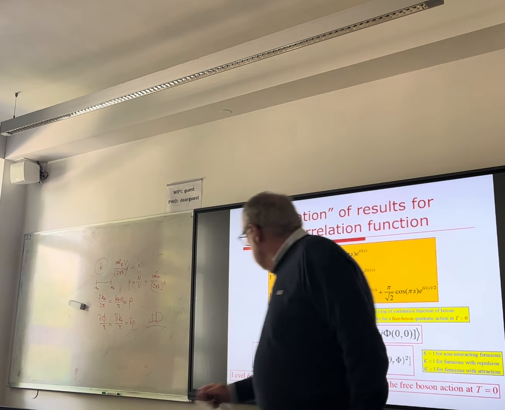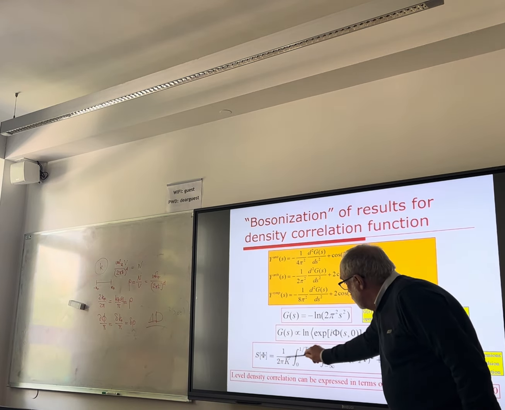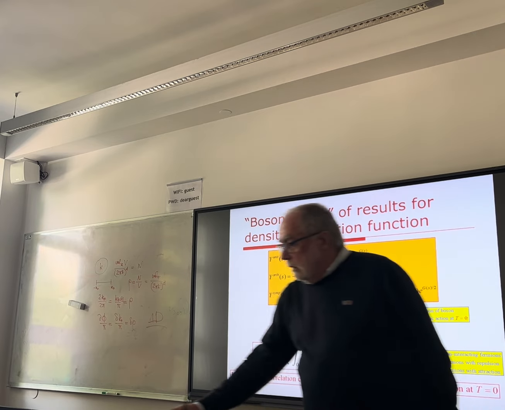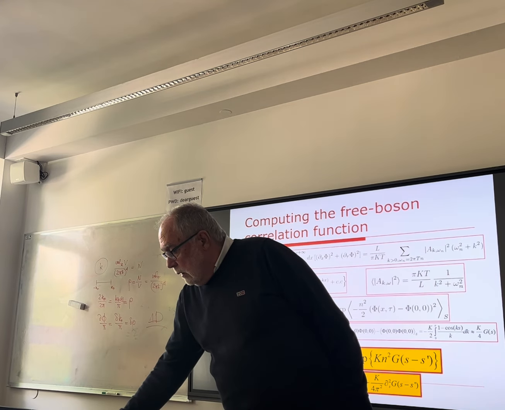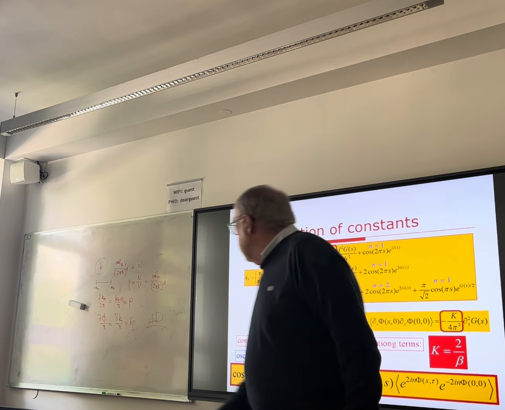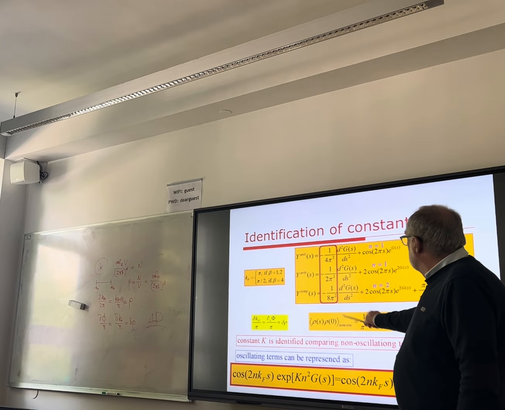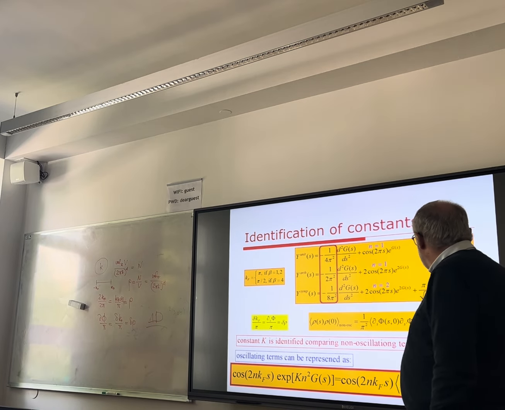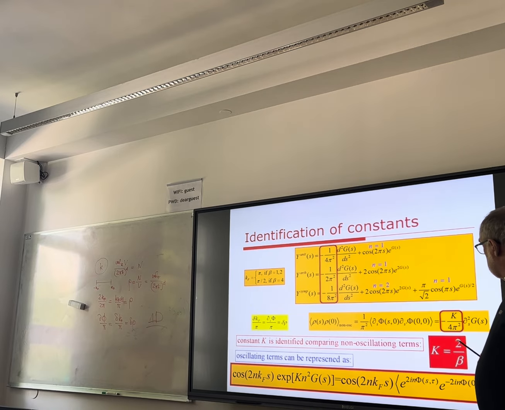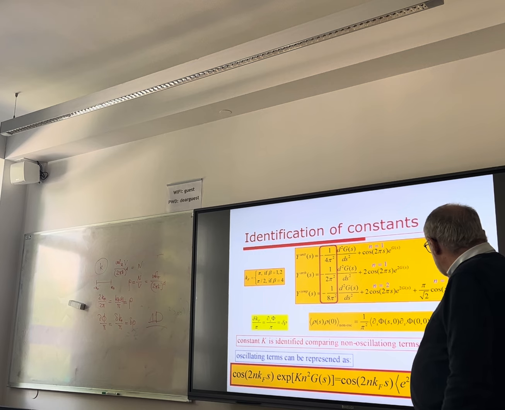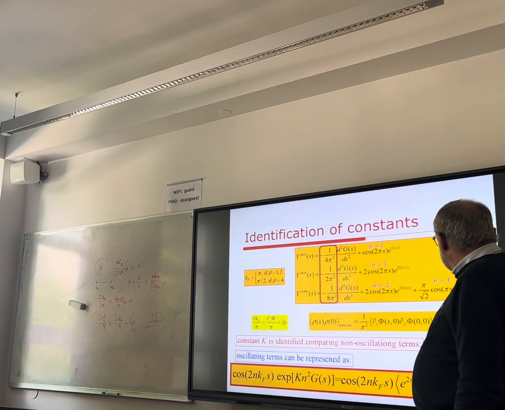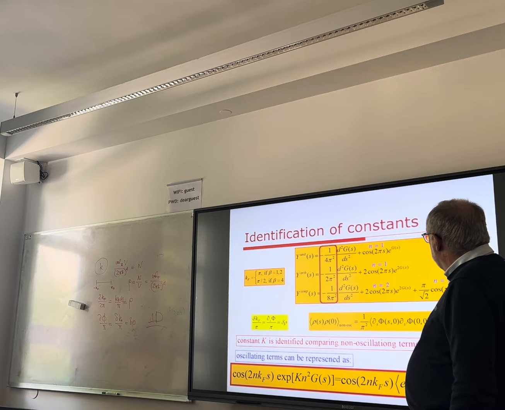So in this free boson action, there is some constant. When I compare this non-oscillating part with this one, I see that k is 2 over beta, because if beta equals 2, then k equals 1, and the coefficient should be 1 over 4 pi squared.